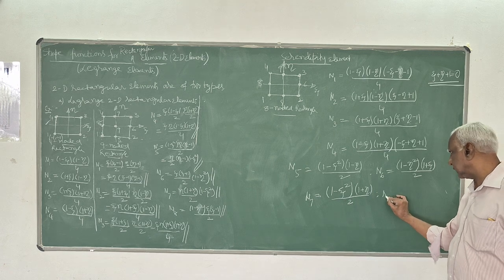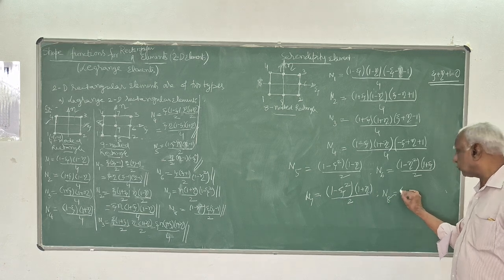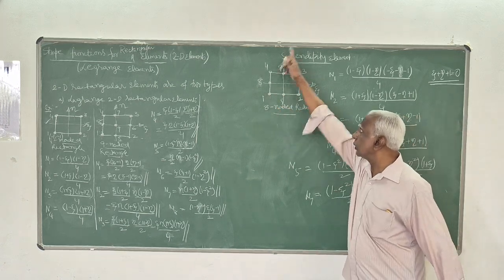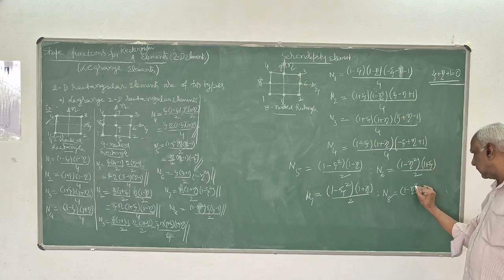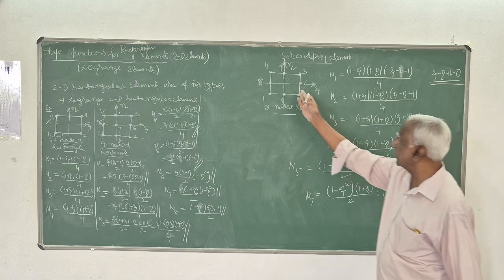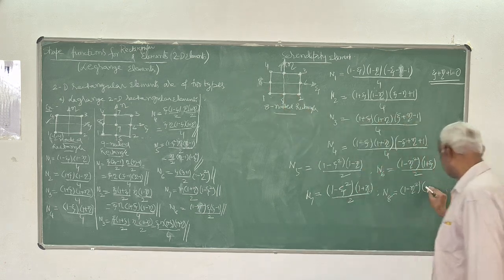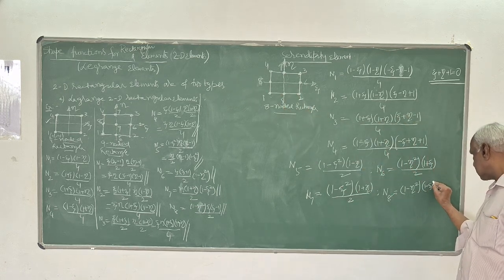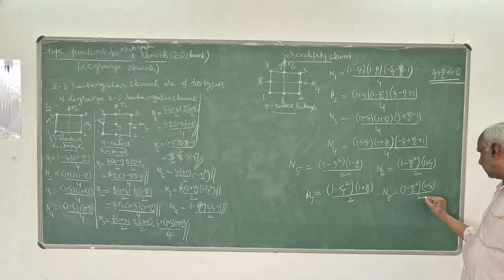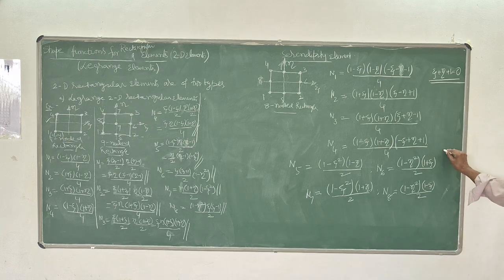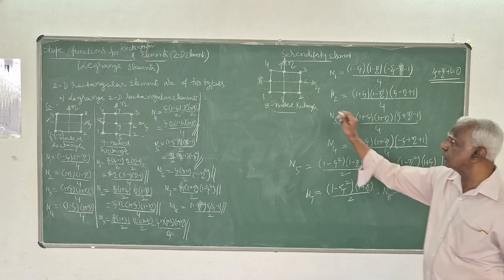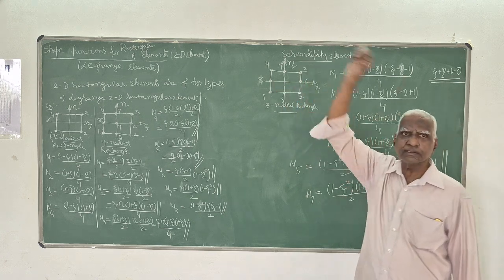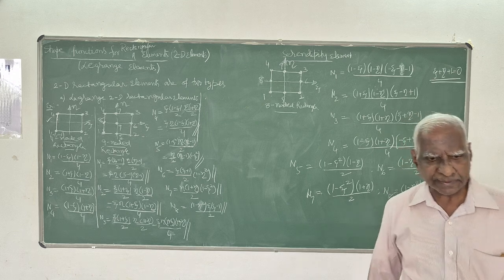And N8 is not in the beta direction, so it is (1 minus beta square), and in the psi direction it is (1 minus psi). So these are the shape functions for the mid-side nodes of the 8-noded rectangle.